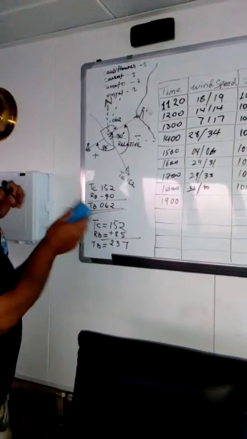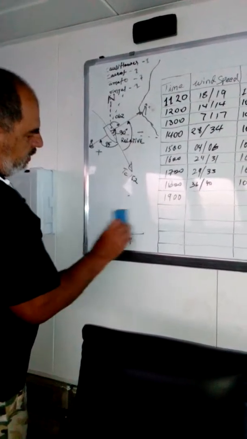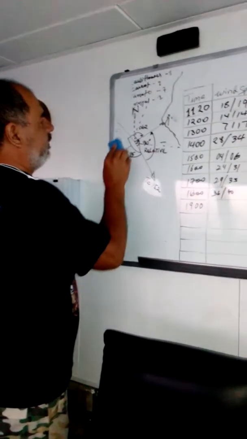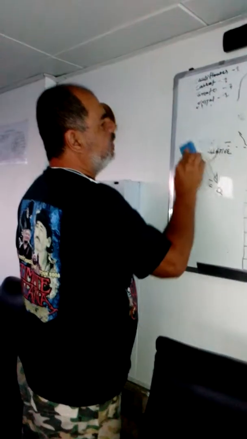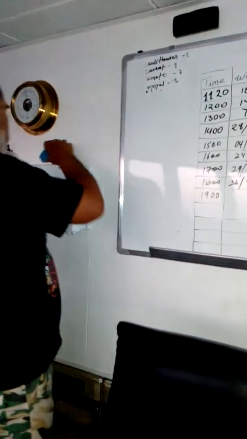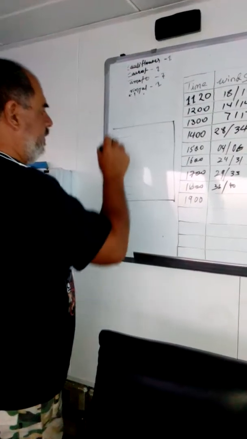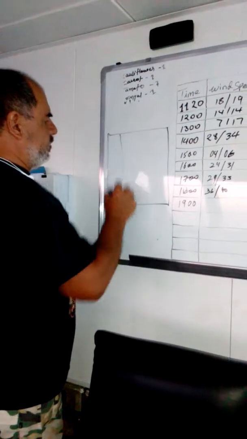Now, why do we need the true bearing? Because we need to put this bearing on the chart. So if we have a chart like this, this is your chart.